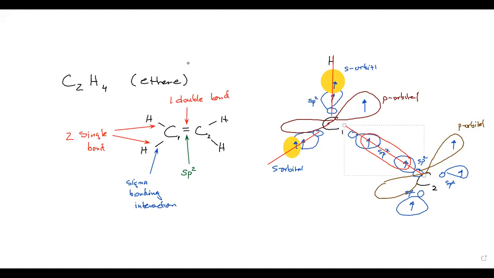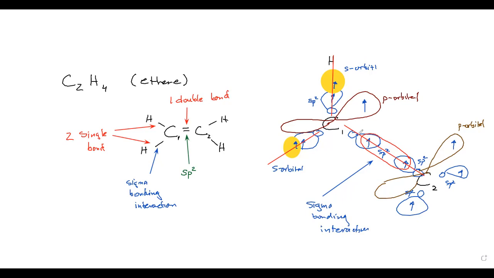So this interaction right here is a sigma bonding interaction. These 2 electrons sitting here in the sp2 hybrid orbitals are going to overlap in a linear manner, so that's a sigma bonding interaction.